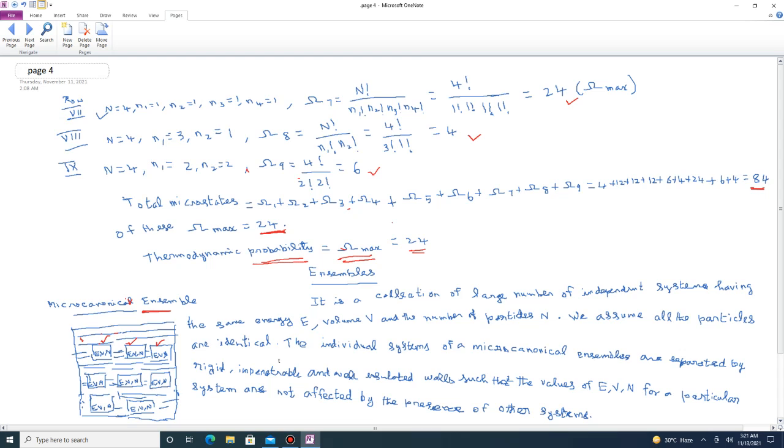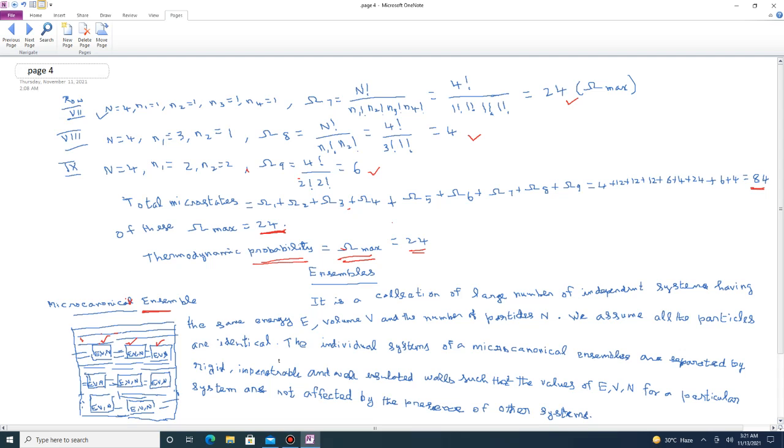In each independent system, the energy of the particles is E, the same value, and the volume is V. Suppose we have so many cells, the first cell has energy E, volume V, and N particles, and the second cell also has the same energy, the same volume, and the same number of particles. So E, V, N are the same for all such independent systems. We are considering such a collection of systems.